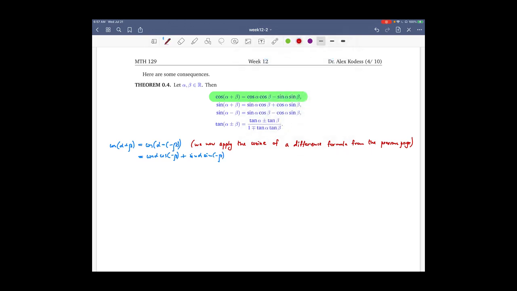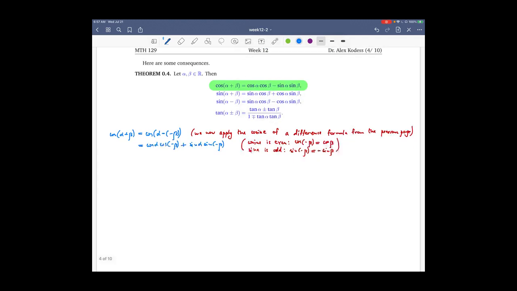Now we again recall that cosine is even. That means cosine negative beta is simply cosine beta, and sine is odd. Sine of negative beta is negative sine beta.